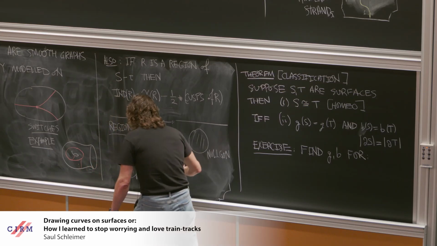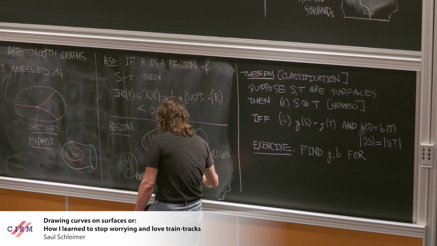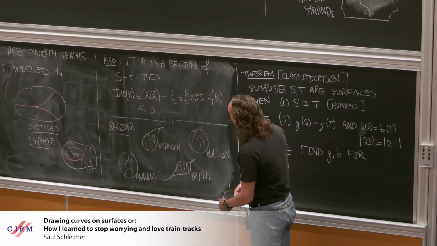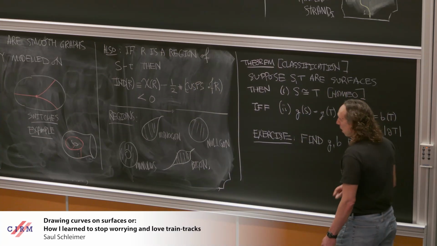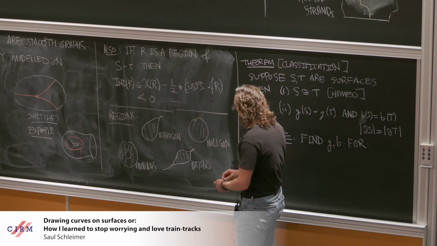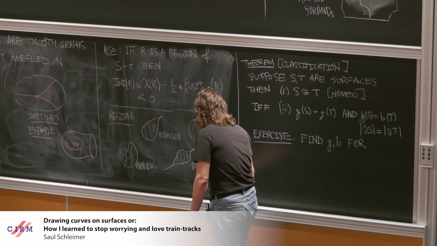And finally, the bigon. So I claim that those are all of the regions possible where the index is non-negative. Well, I guess if the train track was empty, there'd also be the sphere.